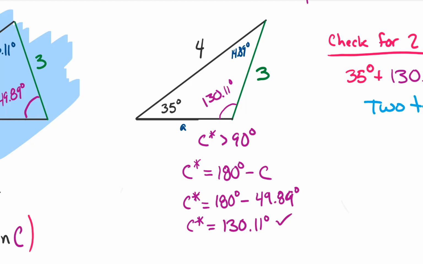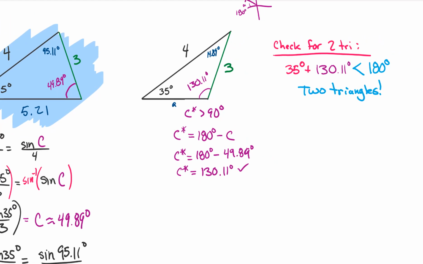Now we just set it up and go get A. We're pretty much home free. We set up that common ratio, sine of 35 over that 3, the same given one we continue to use over and over that's not rounded. We set it equal to sine of that 14.89 degrees all over our new little a. I don't care if you use a subscript or anything.